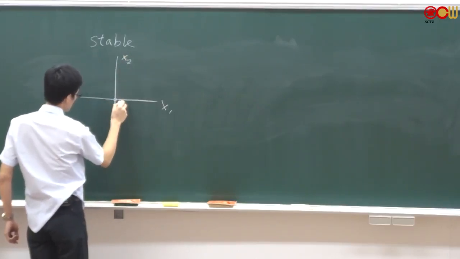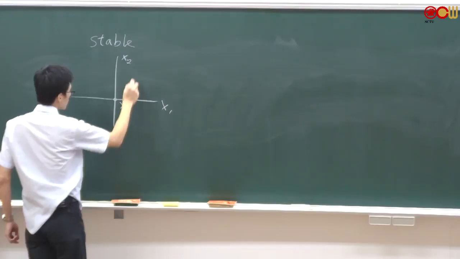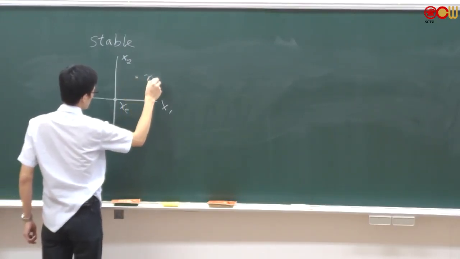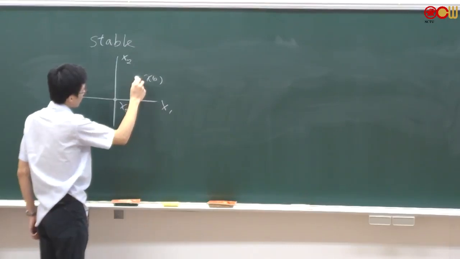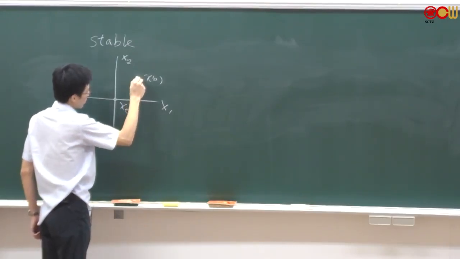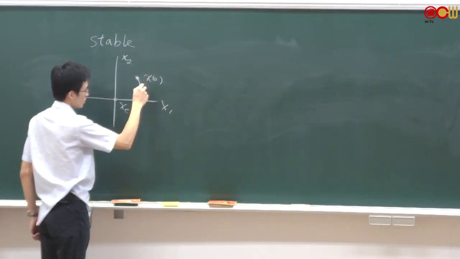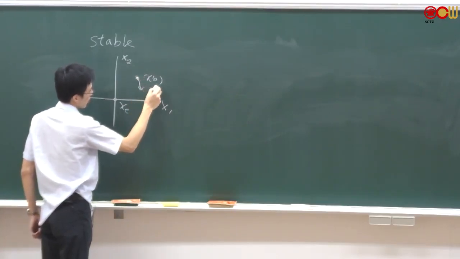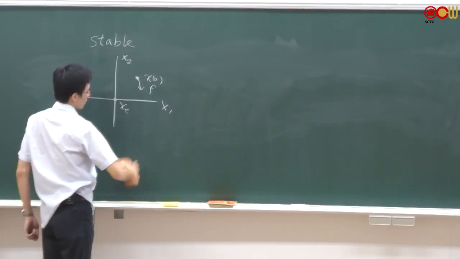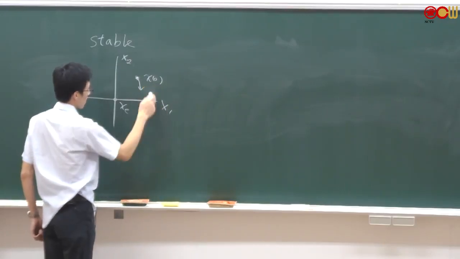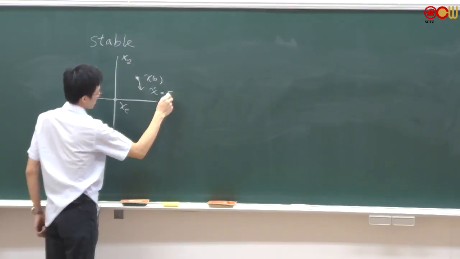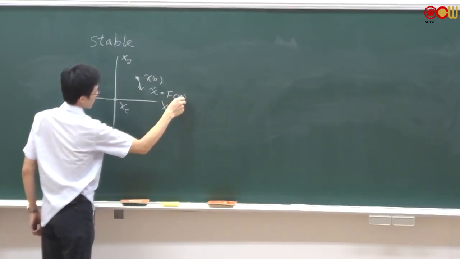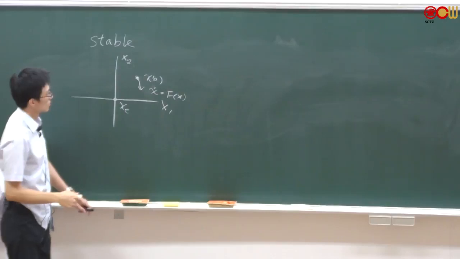And assume here is your equilibrium point, and you start from here, x0, and after you start from here, the motion of the states is driven by fx. Okay, driven by this fx.